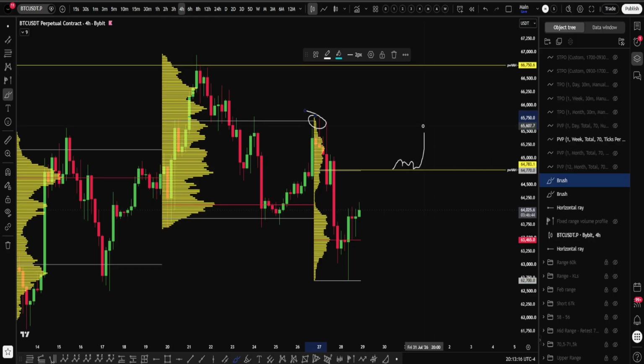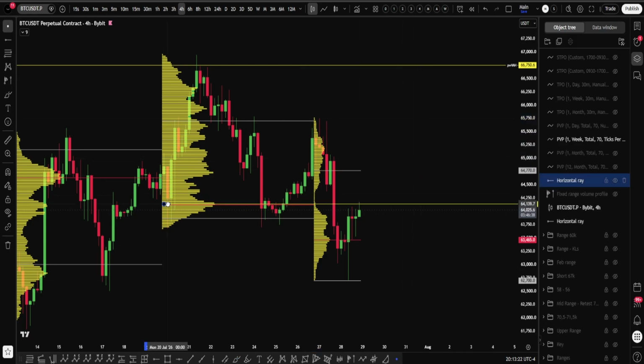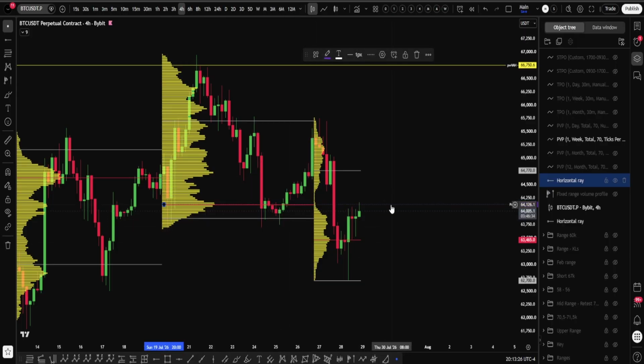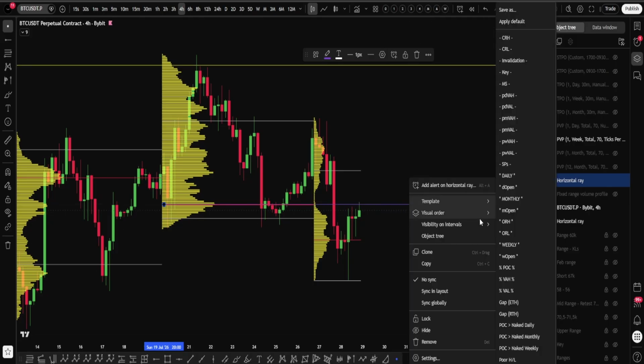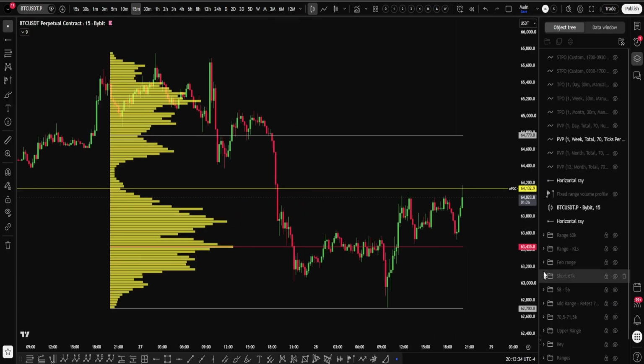And then, for example, that previous point of control right there, would that also be a sign of where it could flip, back down or up? Yeah, it still is resistance, definitely. It hasn't gone away.